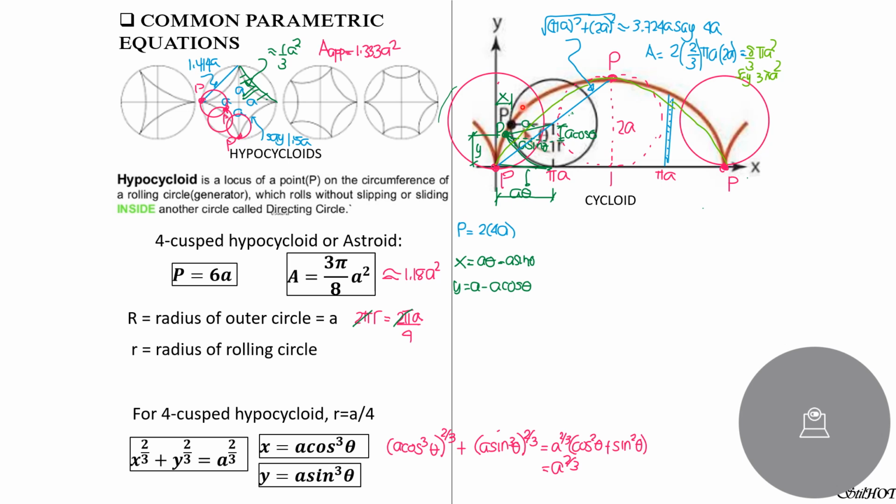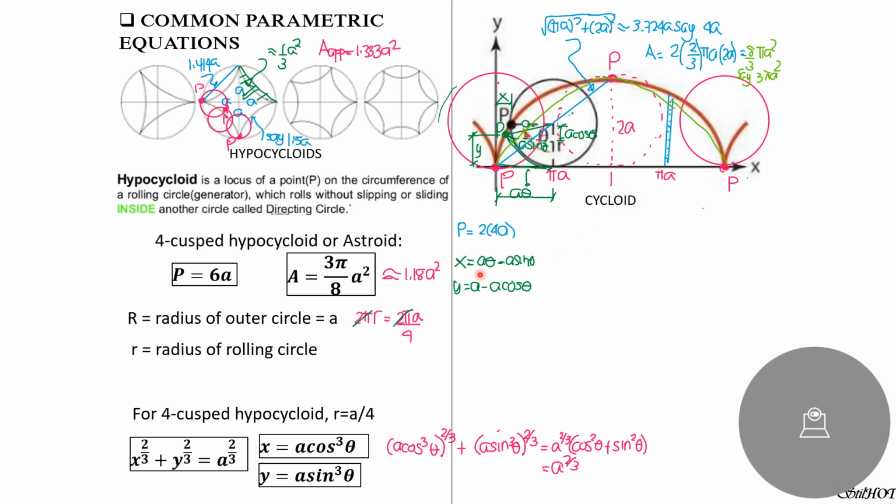So if this is x, we have here a right angle. Then the hypotenuse is the radius a. Then this is a sine theta, the horizontal projection of the radius, and this is a cosine theta. Therefore, x is a theta, then minus the distance from P to here, which is a sine theta.